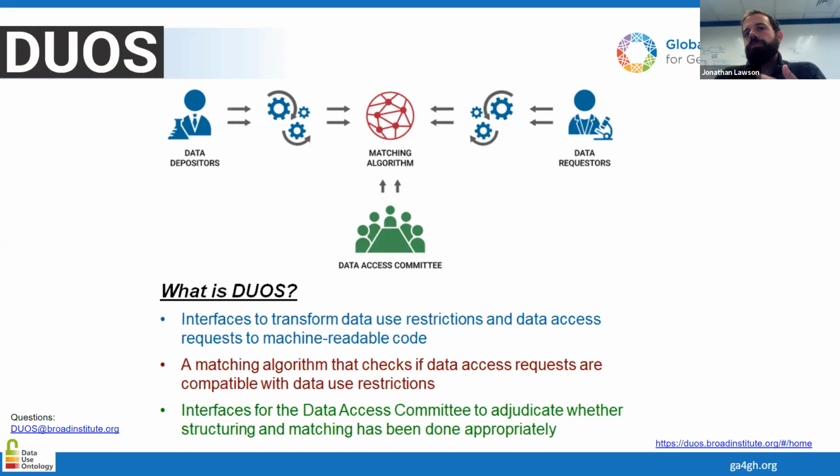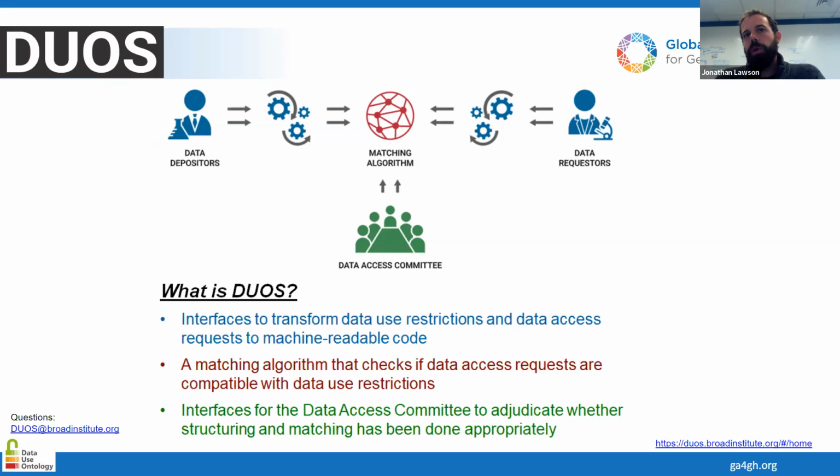But then we also have ways in which the researcher is able to go through a series of questions and to actually also structure their research purpose according to the data use ontology terms. So then what we have are computer readable terms for both the data use limitations and the research purpose. And then what we're able to do is to use an algorithm to compare those to see if the researcher's data access request's structured terms are within the bounds of the data use limitations set by the data depositor.